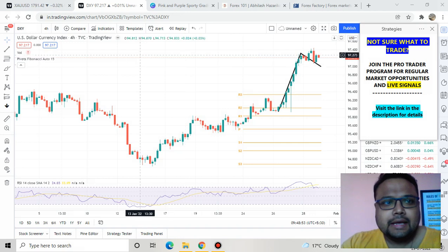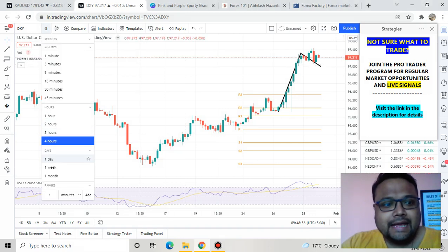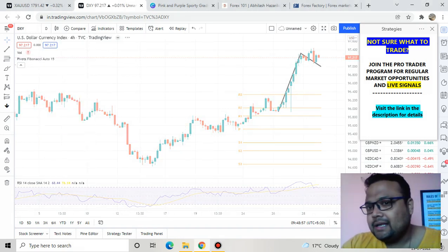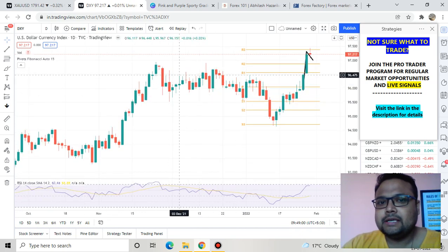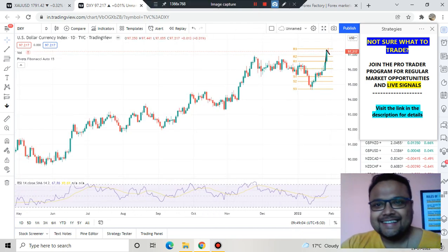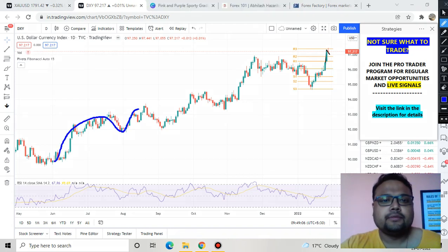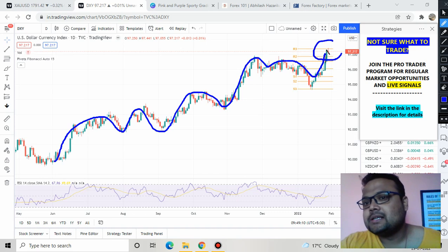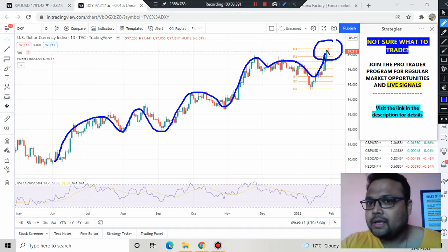If you look at the daily chart of the dollar here, you can see that the dollar is in an uptrend as usual and we have beautiful swings in the market. Right now the market is just standing at the top. So listen to me very carefully.